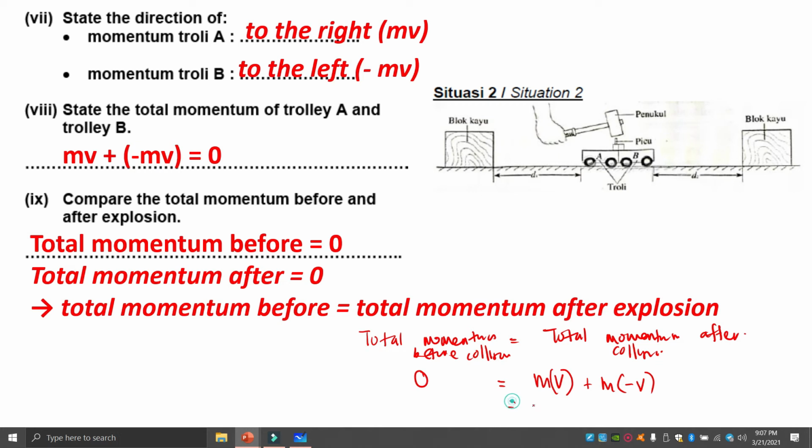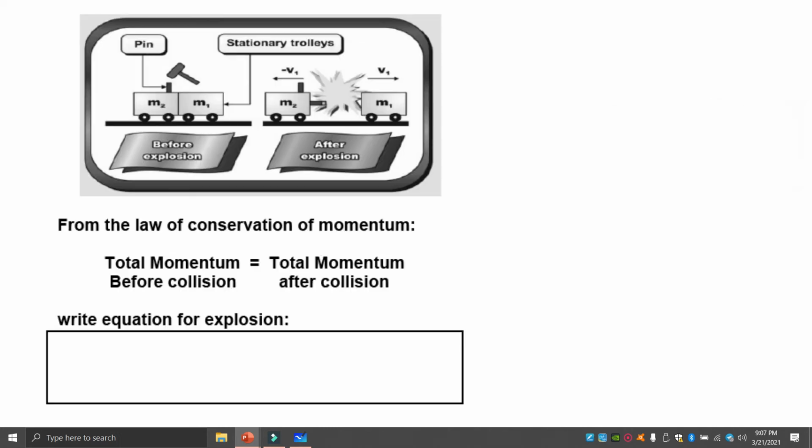So mv minus mv is 0. That's why we say the total momentum before and after the collision is the same. So this is the equation.